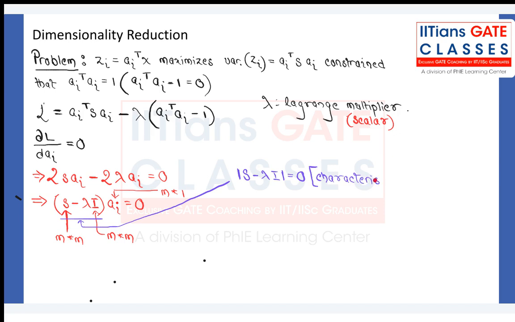M roots. The characteristic equation has M roots which denote the M different eigenvalues.